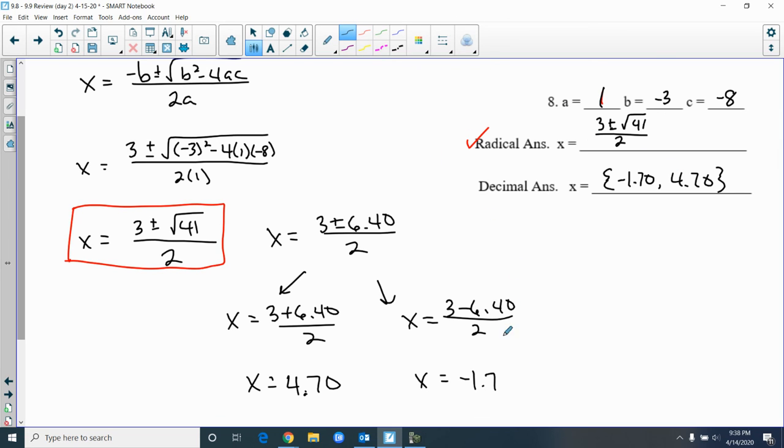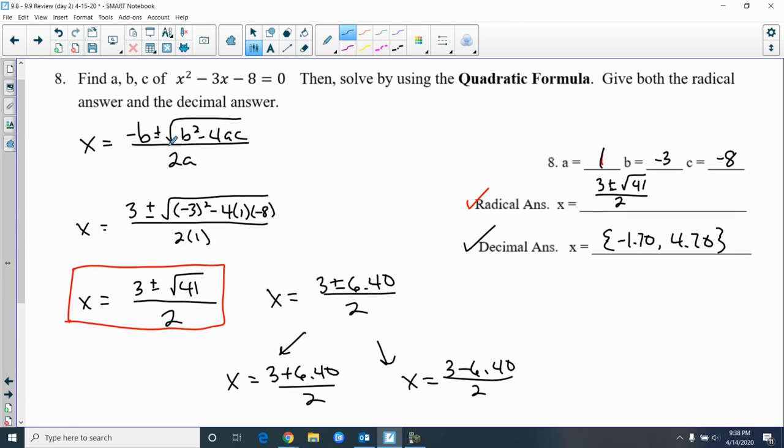And I'll put a 0 on there. Okay. That's our decimal answer. We had our radical answers. Your 7 and 8 are going to look just like this. You're going to have a radical and decimal. The others will work out to whole numbers or fractions.